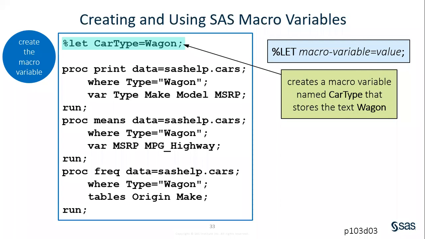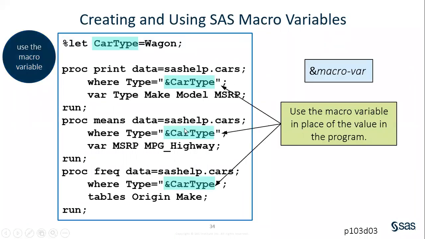And in your program, you represent it as ampersand car type. Now, because your type column is character, you put this into quotation marks. So use the macro variable in place of the value in the program. So wherever you had the value earlier as hard coded, you represent this as ampersand car type. Until and unless you write this ampersand sign, SAS will not understand it's a macro variable.